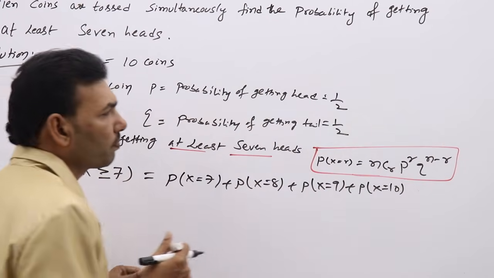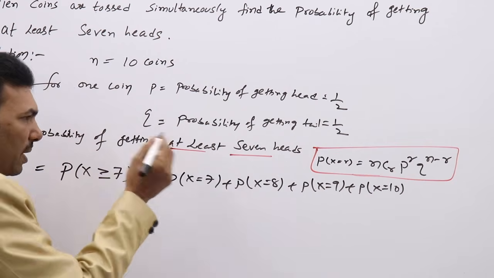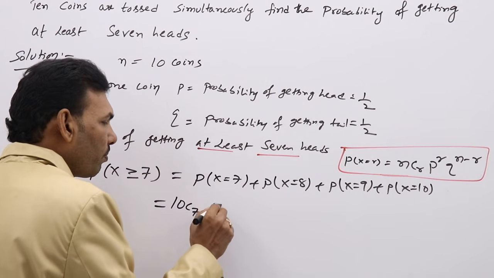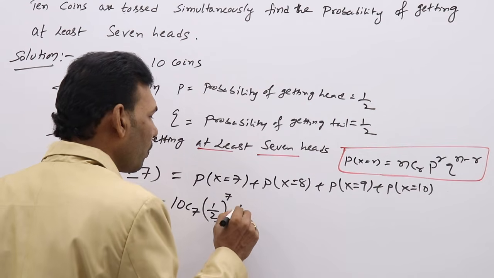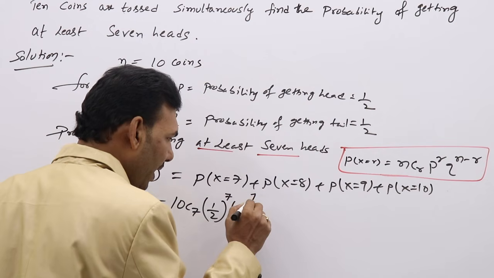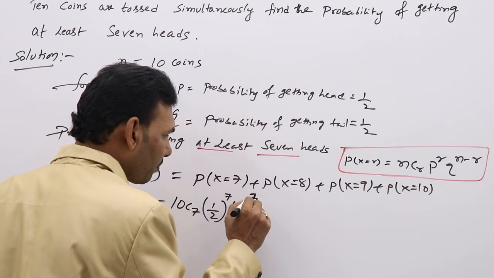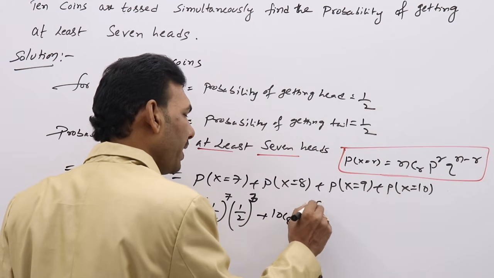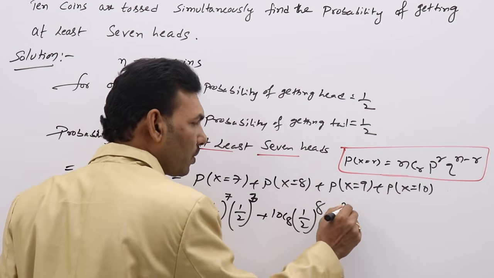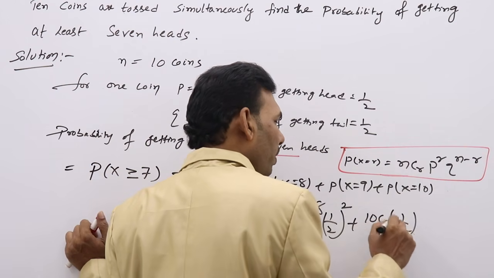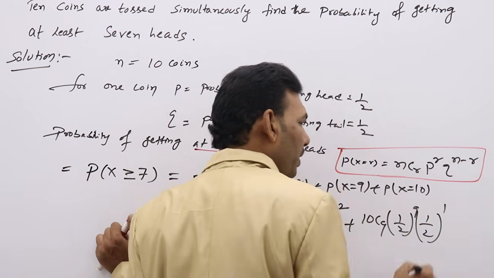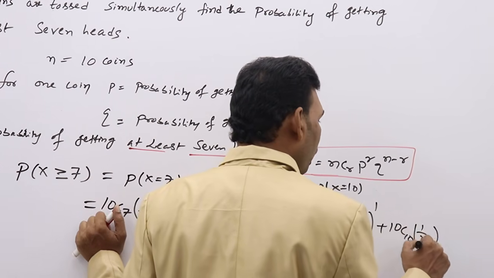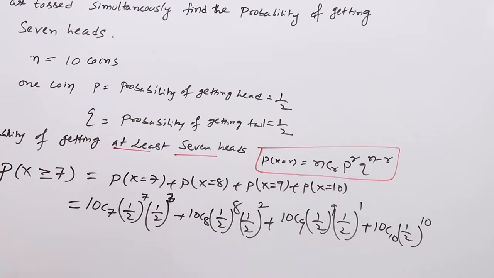So using that formula, by substituting n, p, q, r values: 10C7 (1/2)^7 (1/2)^(10-7), 10-7 is 3, plus 10C8 (1/2)^8 (1/2)^(10-8), that is 2, plus 10C9 (1/2)^9 (1/2)^(10-9), that is 1, plus 10C10 (1/2)^10 (1/2)^(10-10).